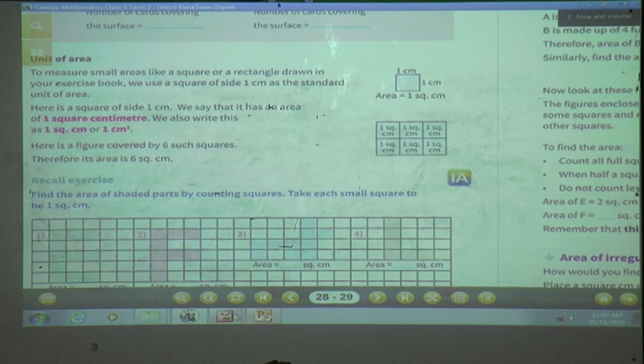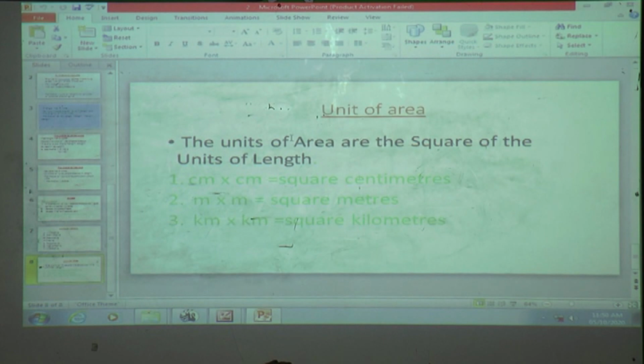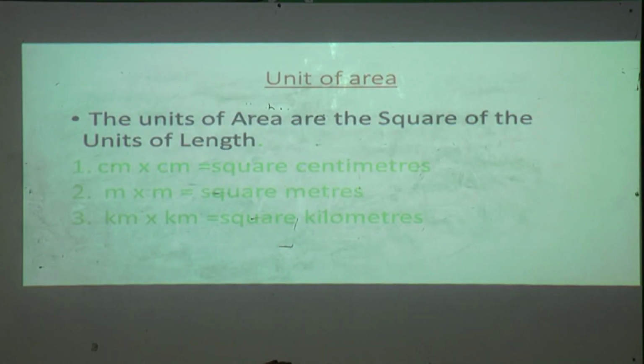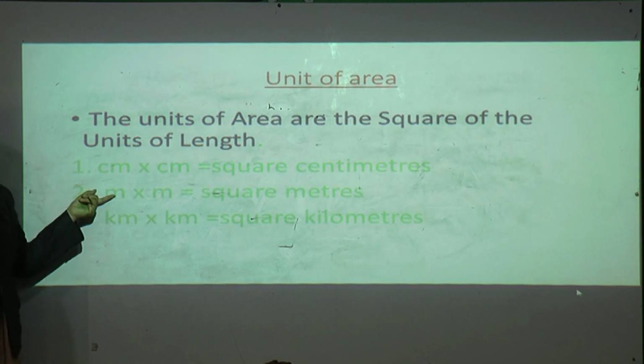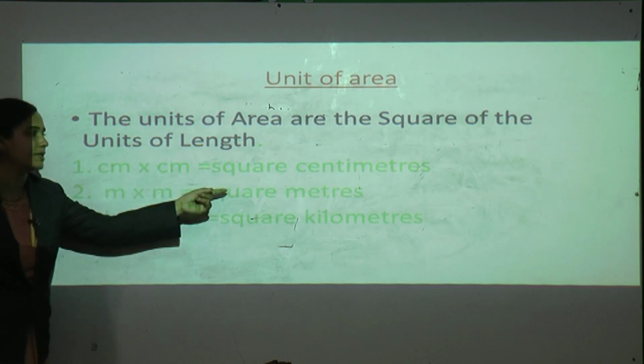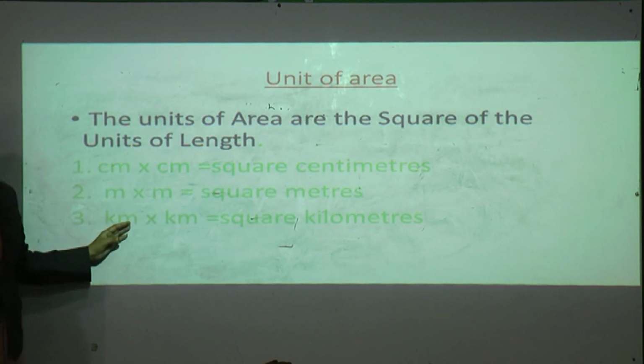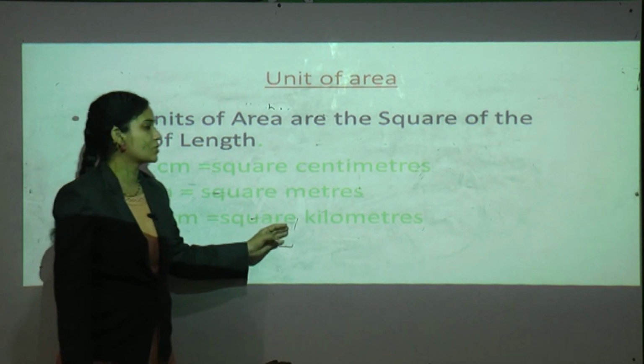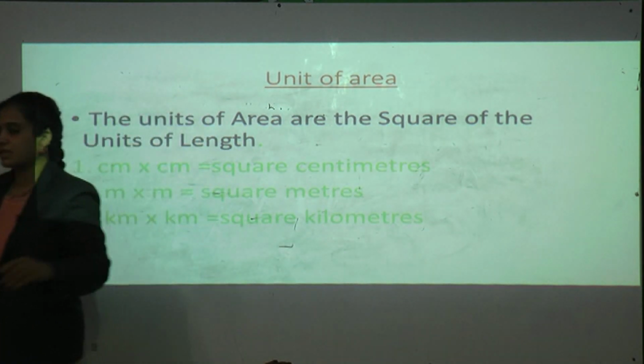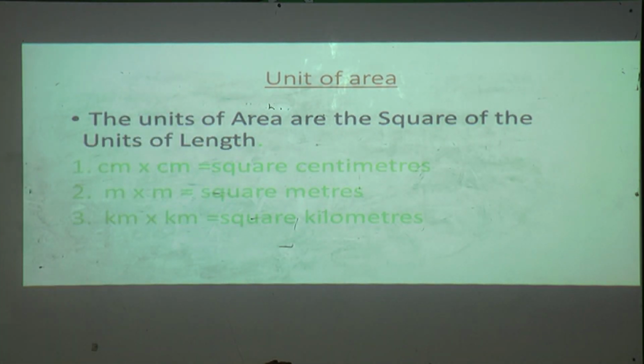See students, the units of area are the square of the units of length. Centimeter multiplied by centimeter is equal to square centimeters. If it is given in meter, the unit will be square meters. Again, in terms of kilometer, it will be square kilometers. So these are the units of area.